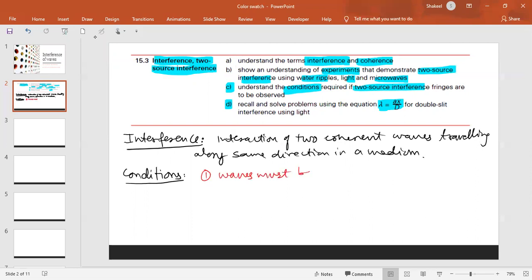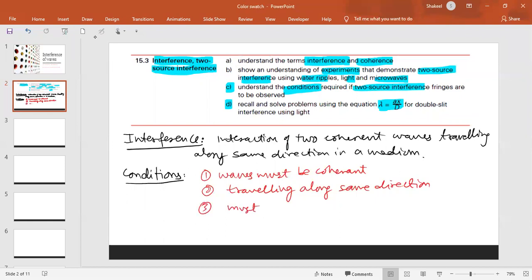Number two, traveling along the same direction. And number three, must interact at a point. So these are the three conditions for interference to happen.